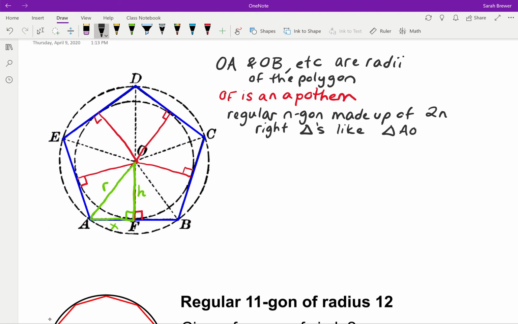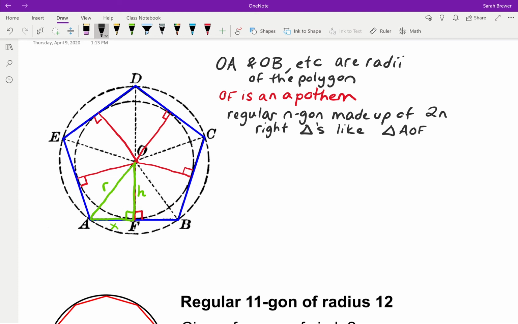like triangle AOF, for example. Okay, so if we can find the length AF, or side x, that'll help us find the perimeter, and if we can find x and h, then we know the area.